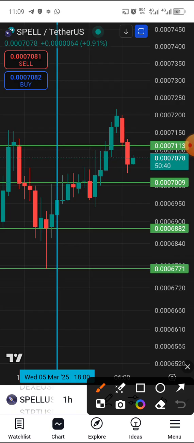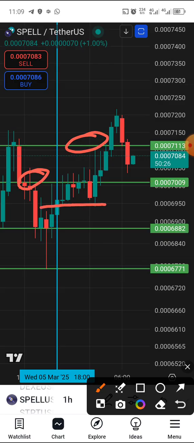Here we have two support resistance lines, one here and another one here. Meaning, if we are to take smaller profits repeatedly, we enter our trade, take smaller profits at resistance 1, enter again and take profits at resistance 2.